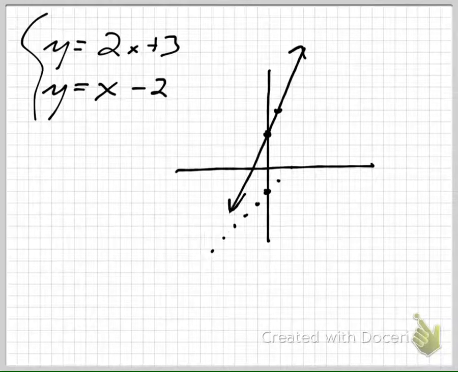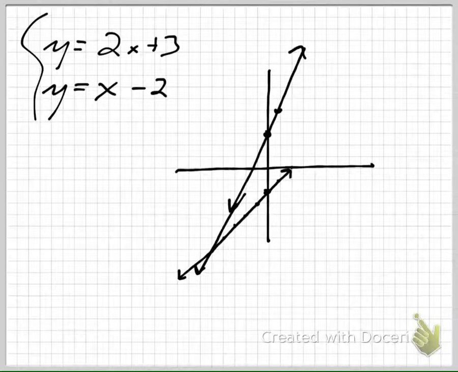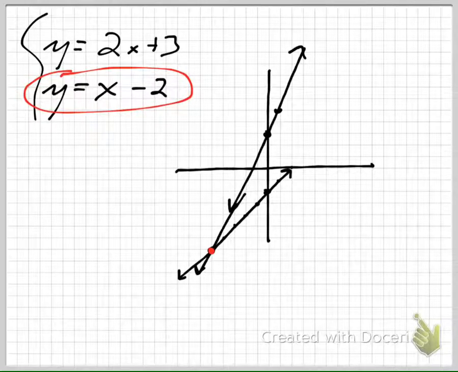These two lines eventually cross at a certain point. I'll put it in red. The two lines cross at a certain point. So then, forget where they cross. How many solutions are there to the second line I drew?